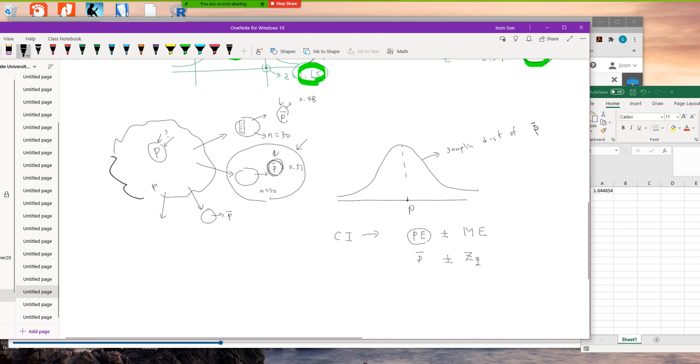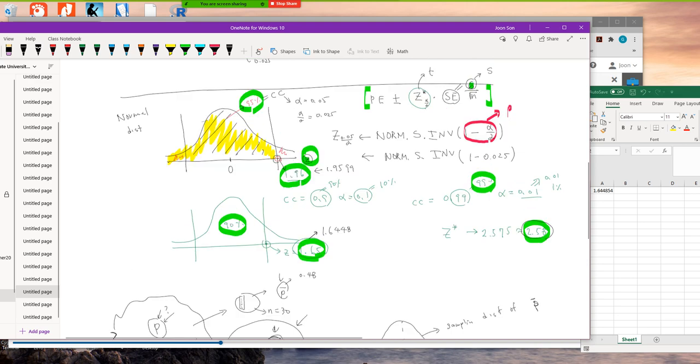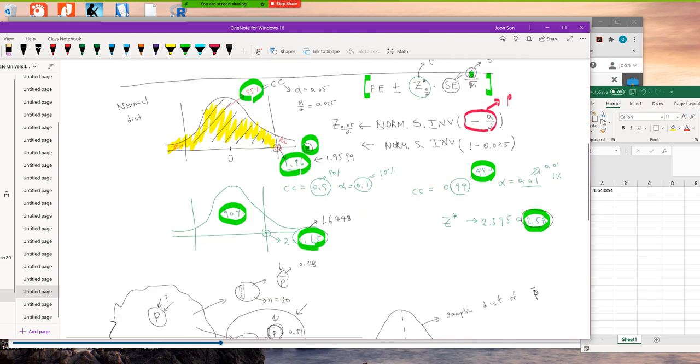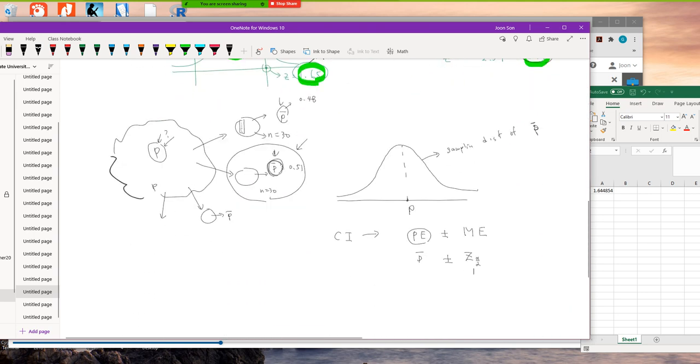In the previous case we used a t distribution for the sample mean, but for the sample proportions, we use a z distribution, because we don't have to really use the population standard deviation. And then multiply by the standard error.